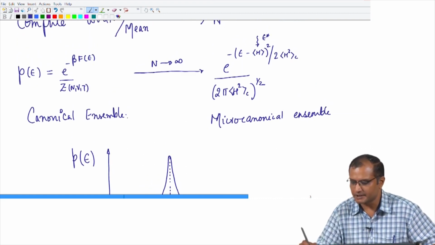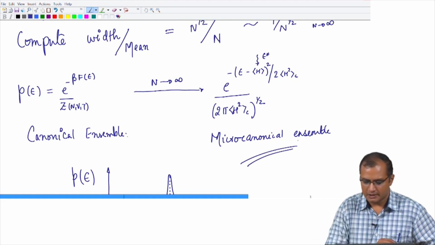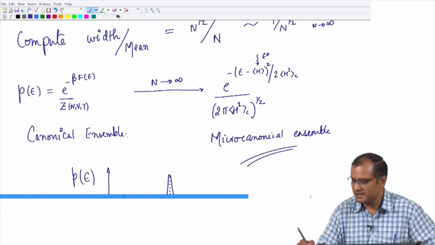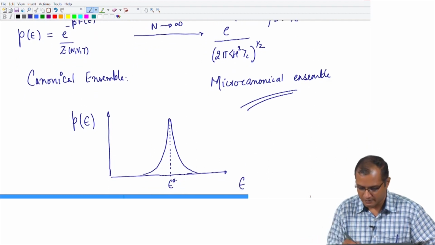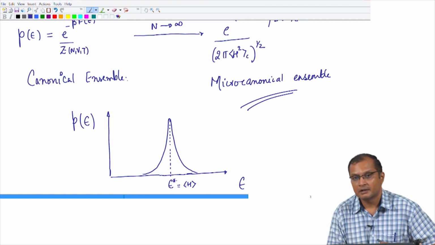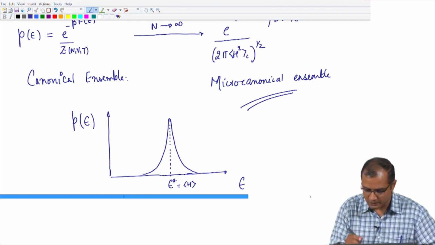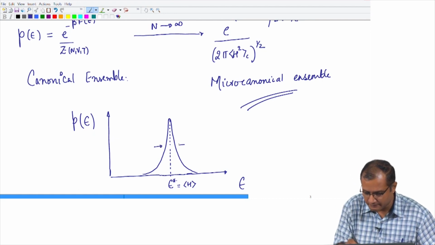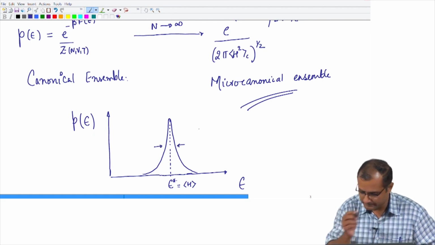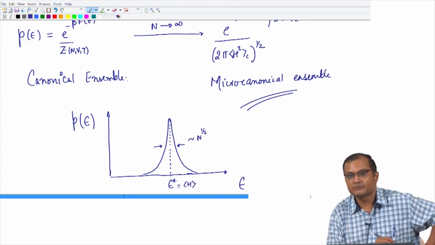But if I look at my distribution here, well, this distribution has a peak which is also at h bar. So, this is also equal to the mean value of energy, and whatever is the width here, which I would say scales as square root n.